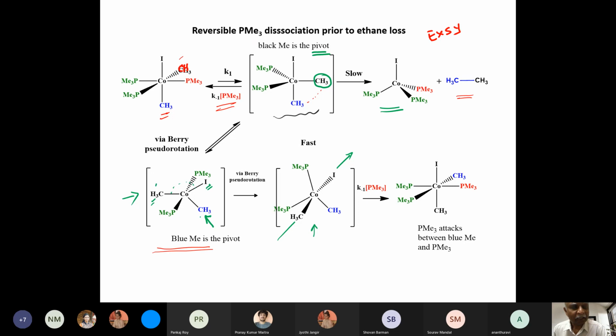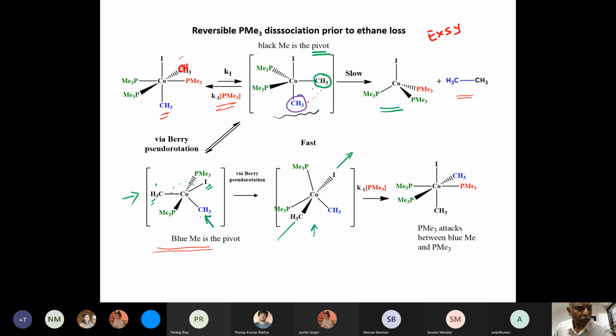One or two things that they found very interesting in this paper is that the PMe3, when it comes out, the two methyl groups exchange. So one is an axial methyl group, another is an equatorial methyl group. So you can see that very nicely here.